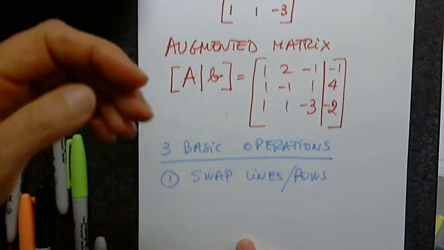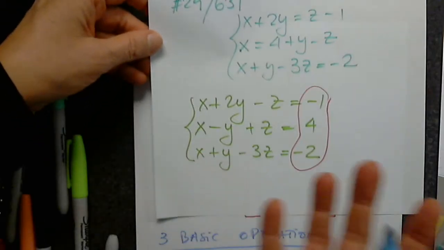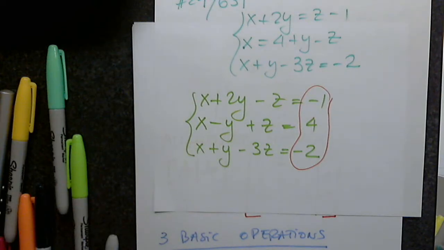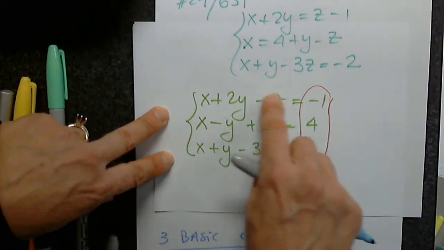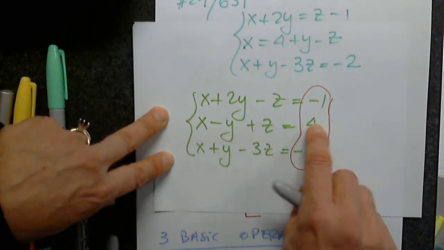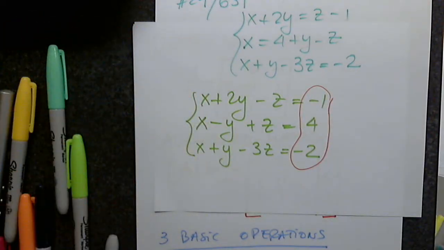What does this mean? If I choose, for whatever reason, to take this equation and put it instead of the first one, and take the first one and put it in the second row, in other words, swap these two, do you think that the final solution will be different? Absolutely not.